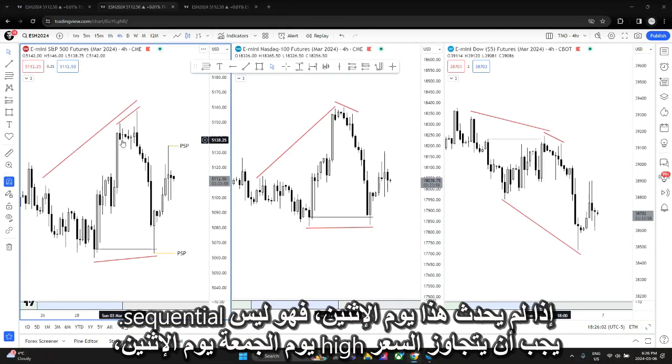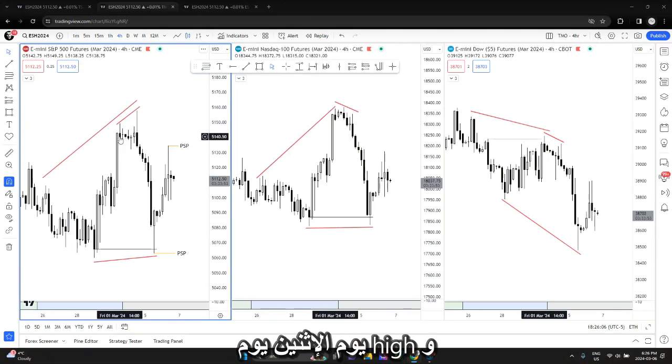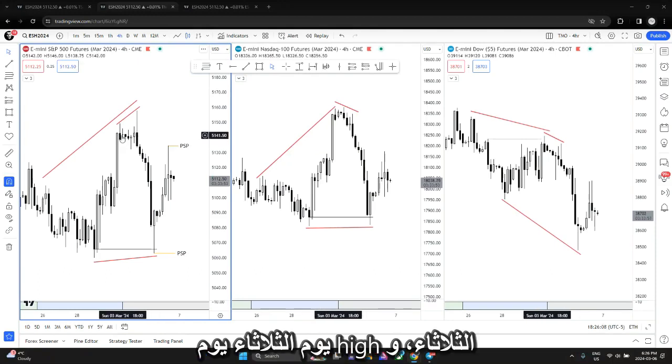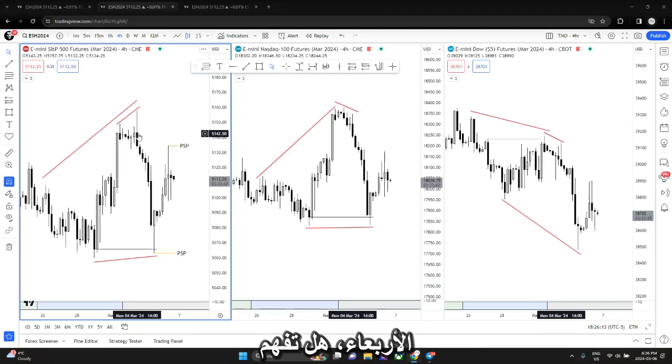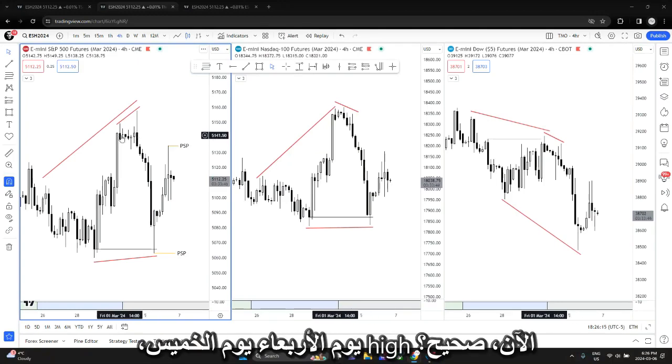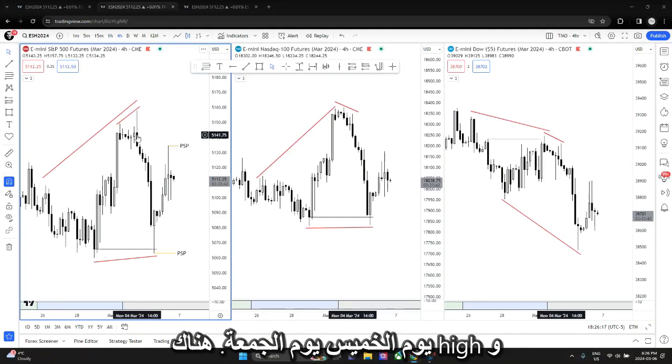Price must run Friday's high on Monday, Monday's high on Tuesday, Tuesday's high on Wednesday. You're getting it now, right? Wednesday's high on Thursday, and Thursday's high on Friday.